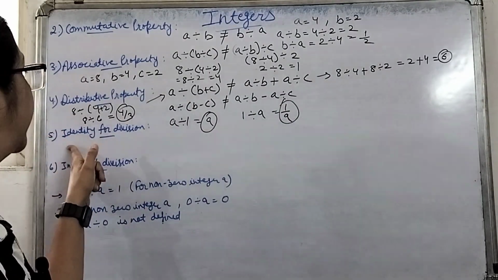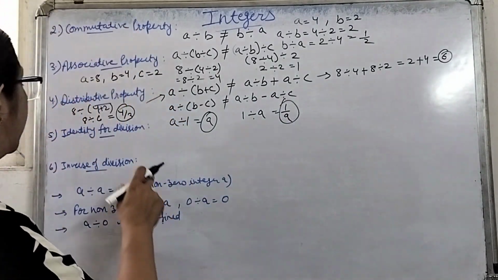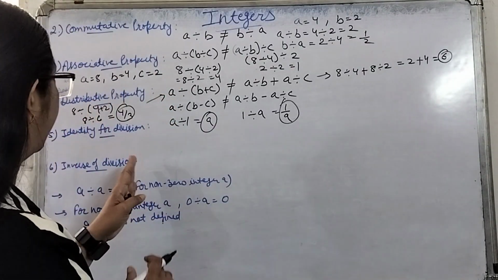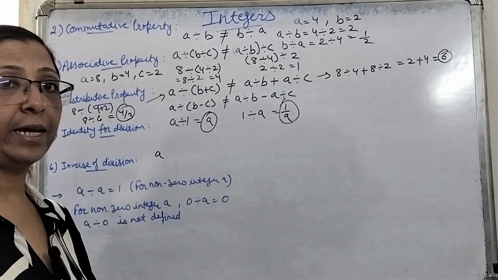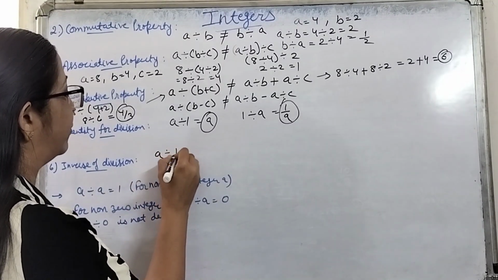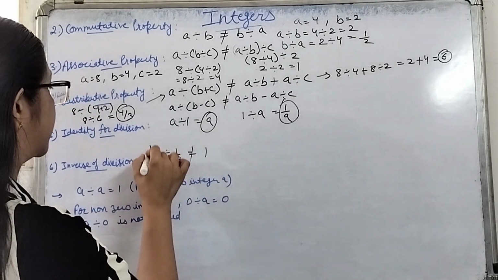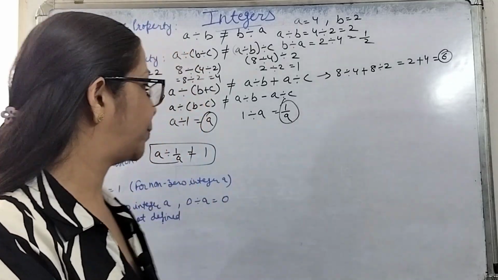That's the reason identity for division does not exist. Similarly, the inverse for division also does not exist, because if we take any integer a and divide it by 1 upon a, we are not going to get 1. So that's the reason inverse for division does not exist.